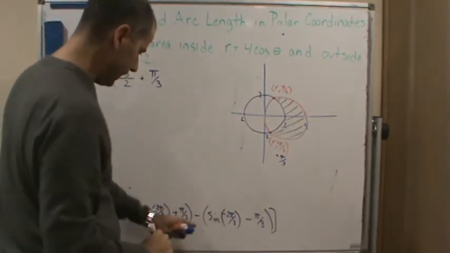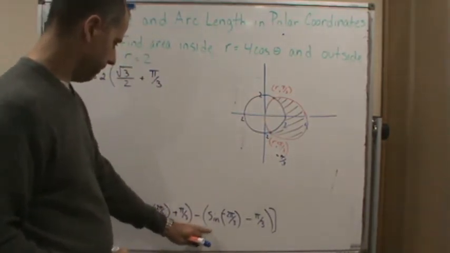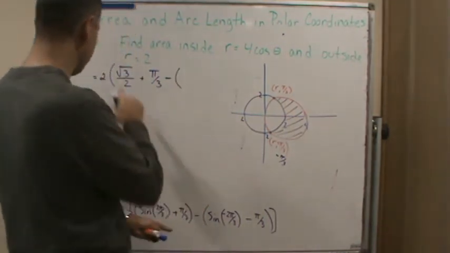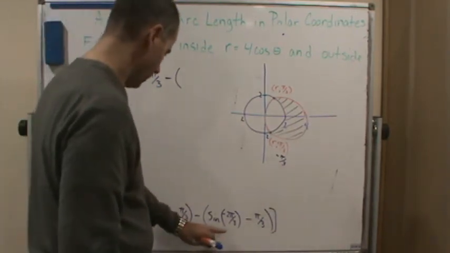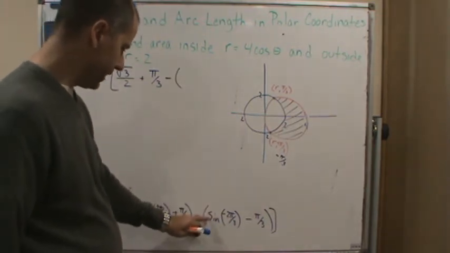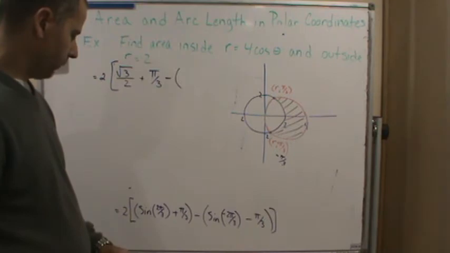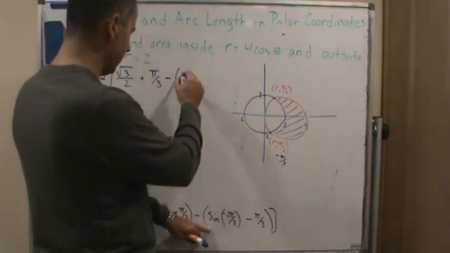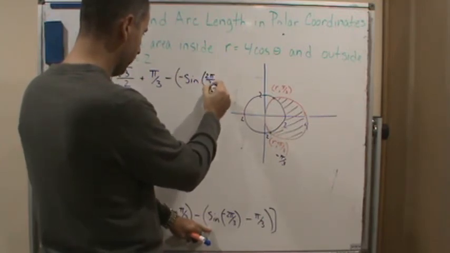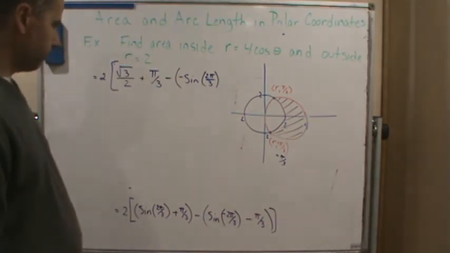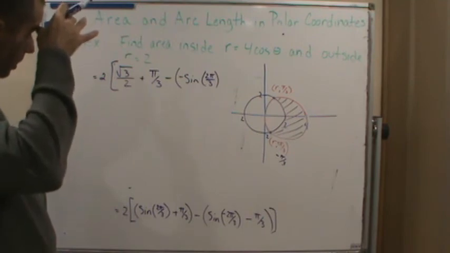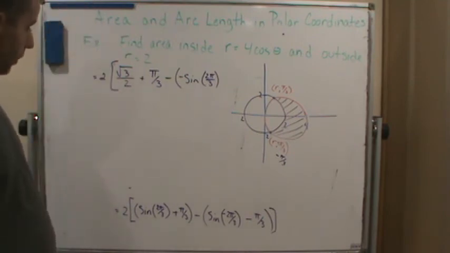Okay, minus this. Okay, so let's do this. So we're going to do minus, and then this is going to be, well, now the sine of negative 2 pi over 3 is the same as negative sine of 2 pi over 3. So this is going to be negative sine of 2 pi over 3. So guess what? Well, the sine of 2 pi over 3 is square root of 3 over 2.